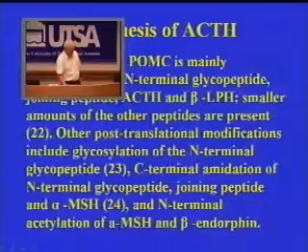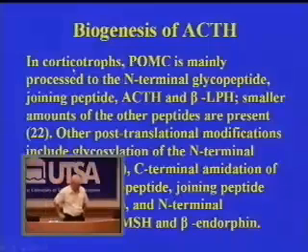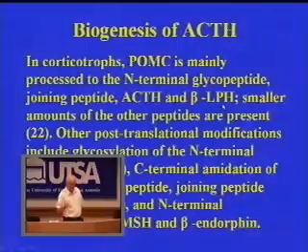So in the corticotropes, so now we're distinguishing the pars distalis from the pars intermedia, where the alpha MSH should not be produced. POMC is processed to the N-terminal glycopeptide, joining peptide, the ACTH and the beta-lipotropin, as we had stated, as we had surmised just from looking at the possibilities.